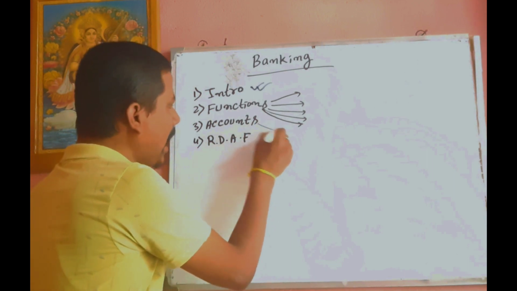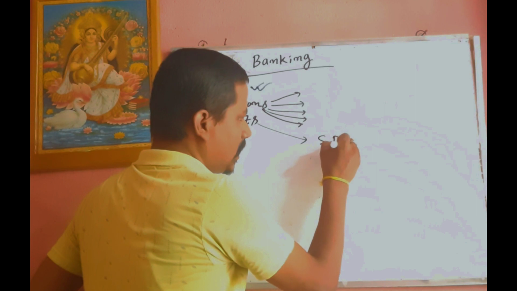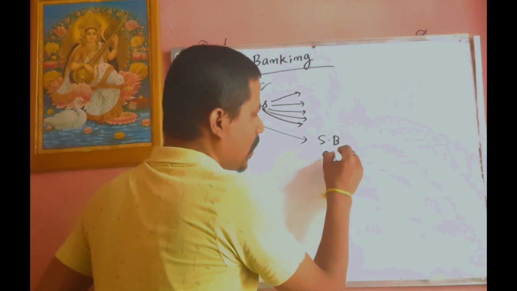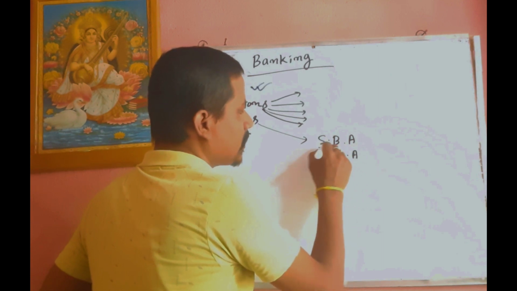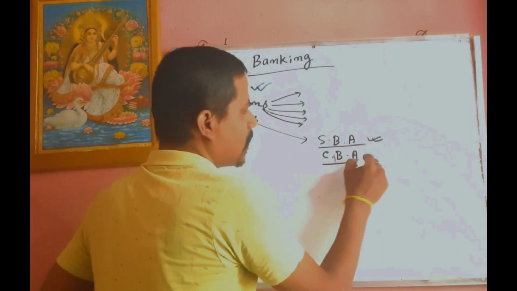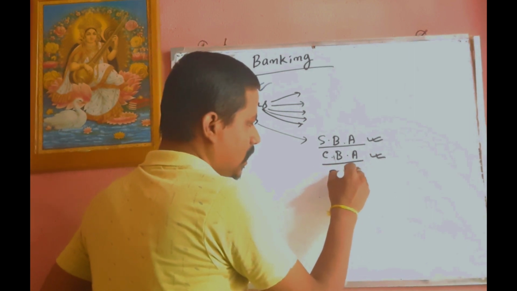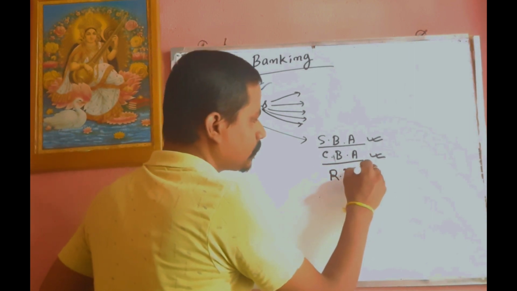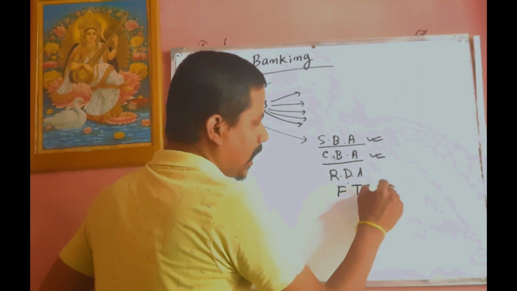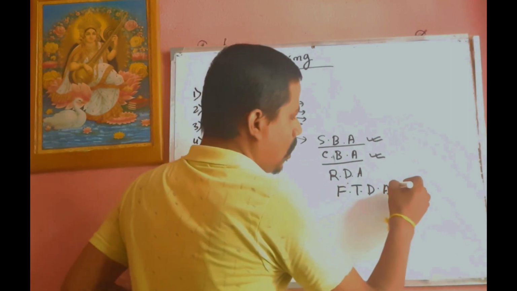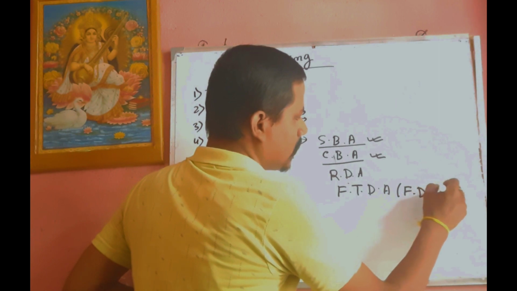And next, how many types of accounts are there? There is the savings bank account, SB, the current bank account, CB, the recurring deposit account, and the fixed term deposit account, or it may be called the fixed deposit account.